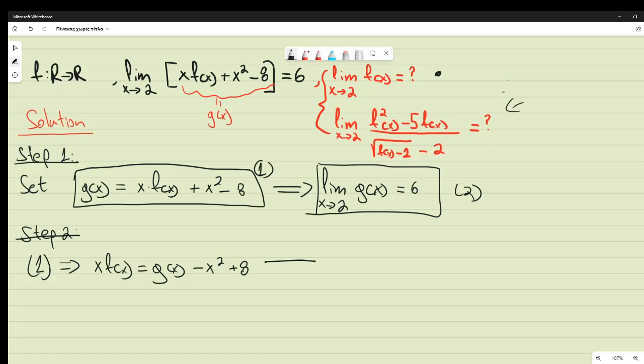But in this exercise we are only interested when x tends to 2. So we can definitely write that x is not equal to 0, so we can divide by x.